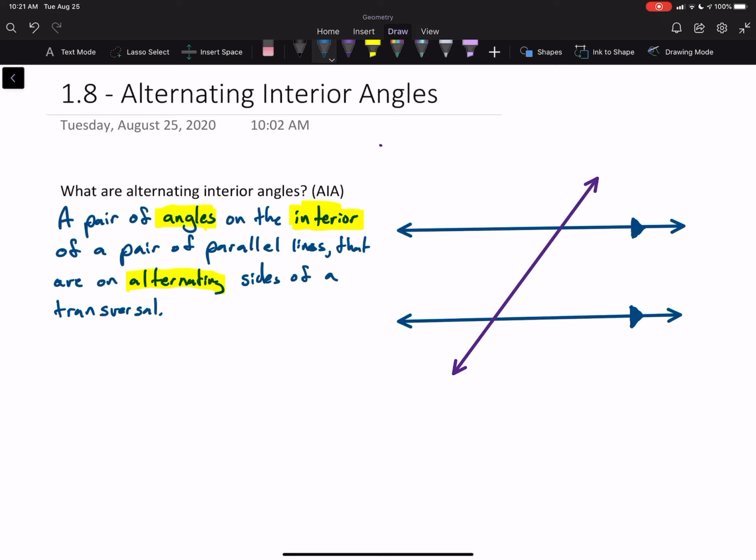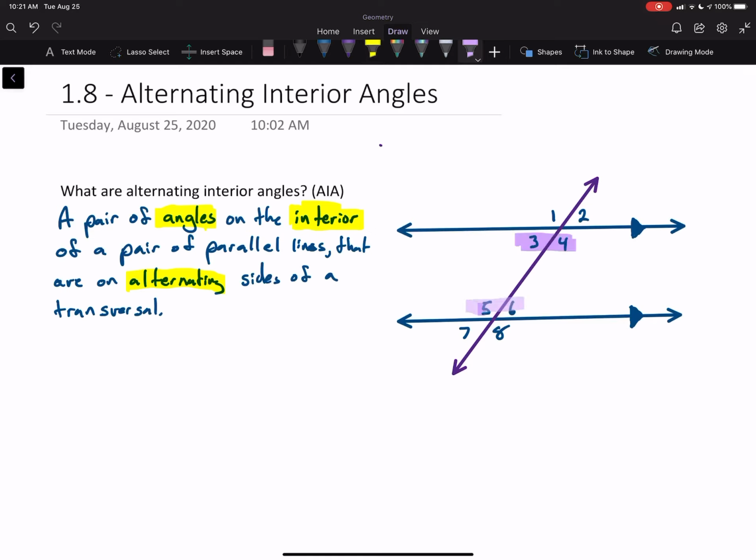If I were to label all of these angles with a number, 1, 2, 3, 4, 5, 6, 7, and 8, the ones that are interior, let's mark these here.